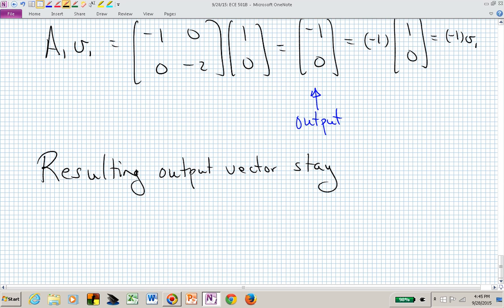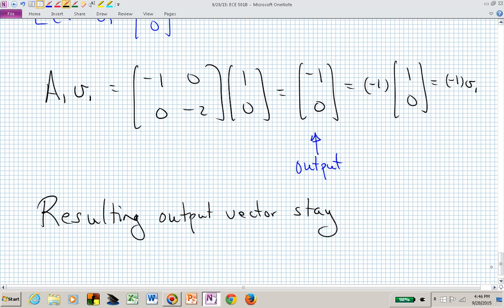Where is our output vector? It's minus 1, 0. If you had to map that on a plane, we're just playing in the plane now. That's still on the x-axis, isn't it? It's just opposite the origin from where we were. The resulting output vector stays on the x-axis.